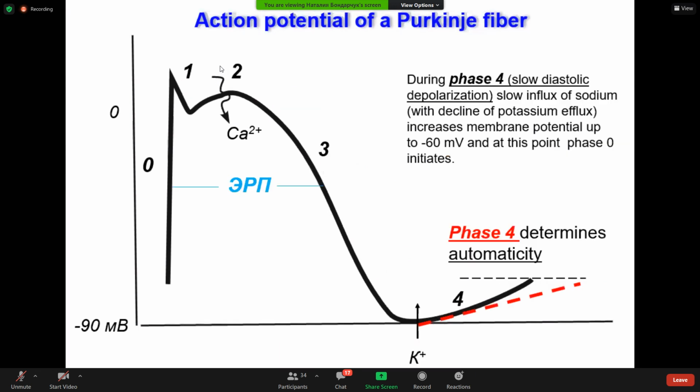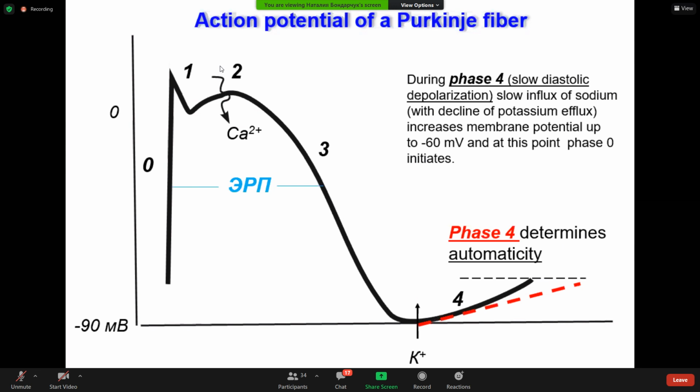Now let's speak about fourth phase of action potential. During the fourth phase, it is called slow diastolic depolarization, slow influx of sodium. So influx will slow down ion currents into the cells. With decline of potassium efflux in the beginning of fourth phase, it is still the efflux of potassium, but it is more profound influx of sodium ions.